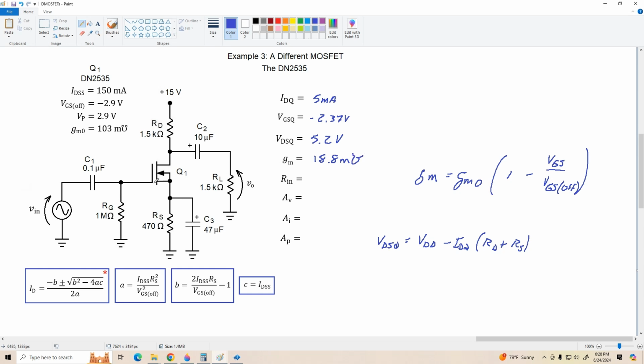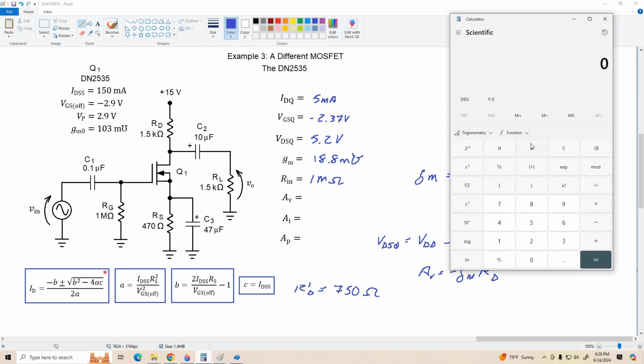Our input resistance again is RG, that's 1 megohm. And now let's figure out our R prime D. That's an easy one. R prime D is just 1500 divided by 2, or 750 ohms. So our voltage gain, AV, equals negative GM times R prime D. And that's, let's see, 0.0188 times 750 is a gain of about negative 14, let's call it.